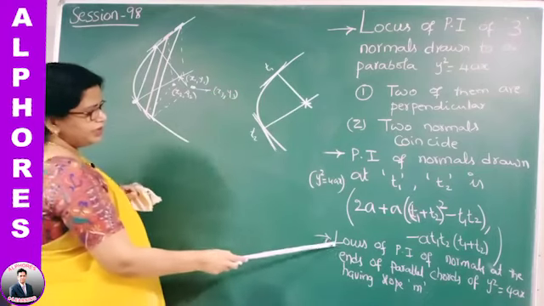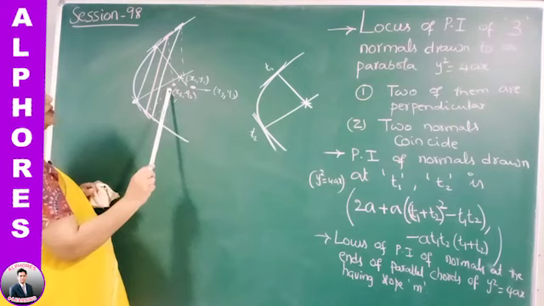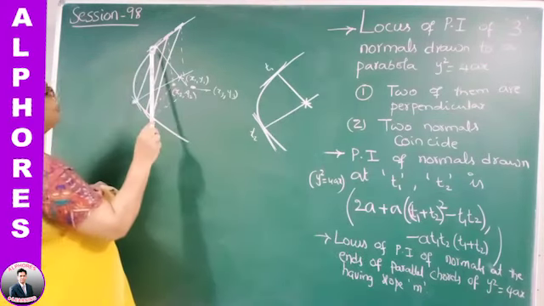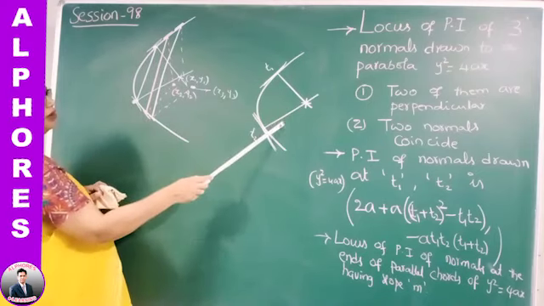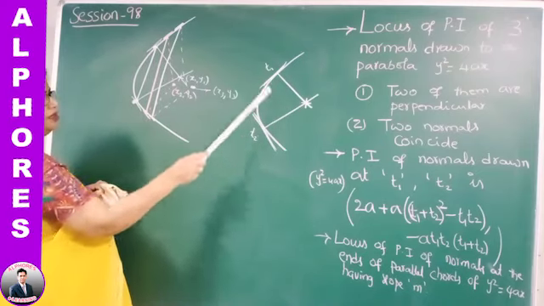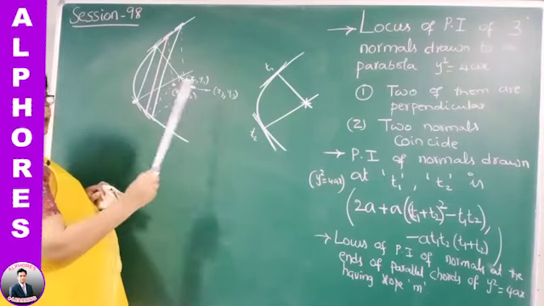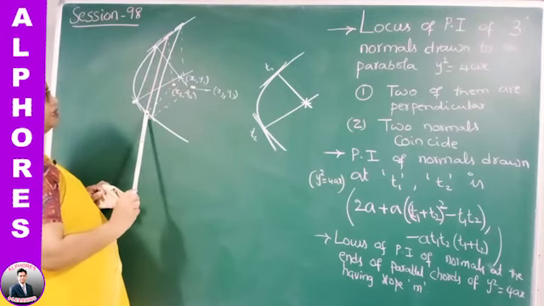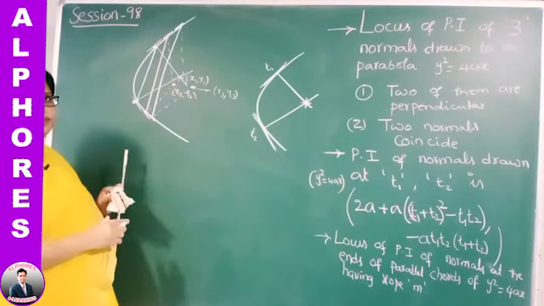The locus of the point of intersection of normals drawn at the ends of parallel chords. T1 and T2 are the ends of one chord, and next we take another chord and again consider its ends. Like this, if you join all these points, what is the locus?